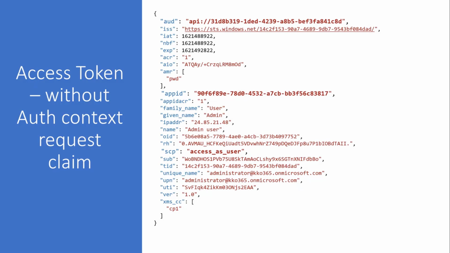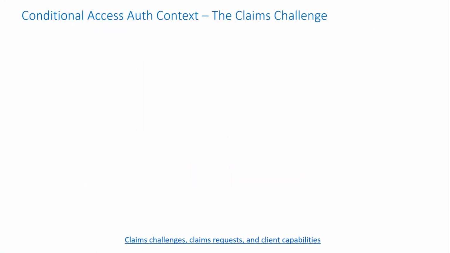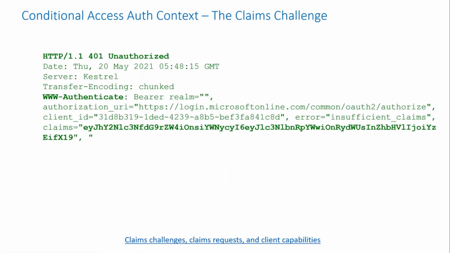So what happened the first time when the user sent this to the service, when they were trying to delete a to-do list item, is that the code said, nope, I need an ACRS claim, and can you please respond to this claims challenge? This is how the claims challenge looks, and this is what I wanted you to punt on for a while, because it's not that straightforward to create.